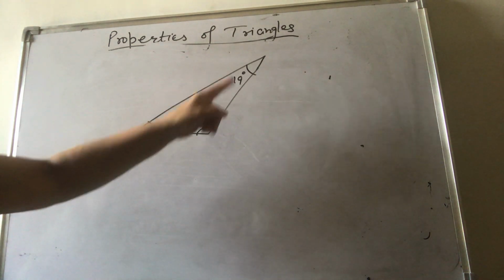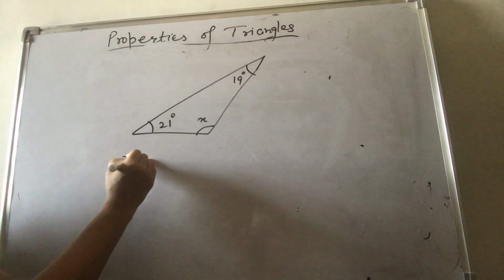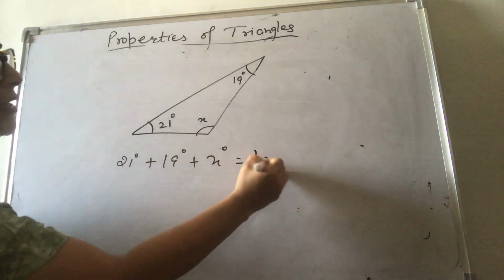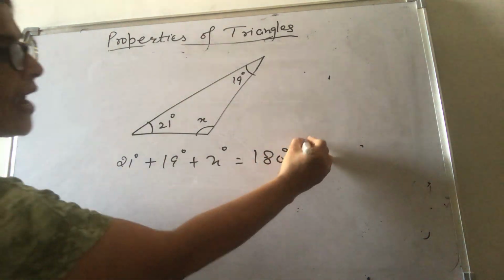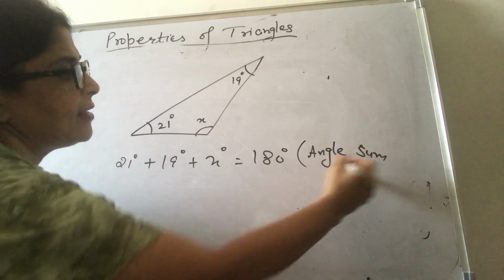We are given two of the angles in the figure. We can find out the third angle by this property, so we will write 21 degree plus 19 degree plus X degree is equal to 180 degree, and in the bracket we will write the reason, that is angle sum property.